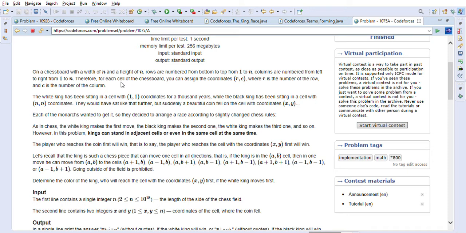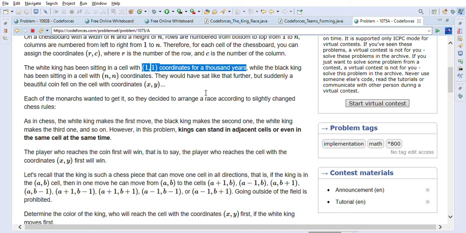The white king has been sitting in cell with coordinate 1 1 for 1,000 years, while the black king has been sitting in a cell with coordinate n n. They would have sat like that further, but suddenly a beautiful coin fell on the cell with coordinate x y, right?